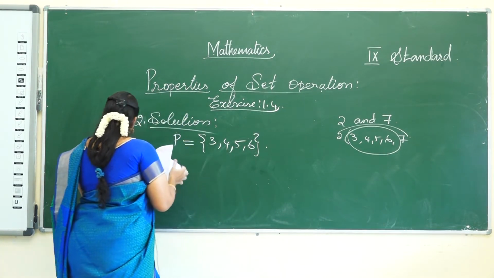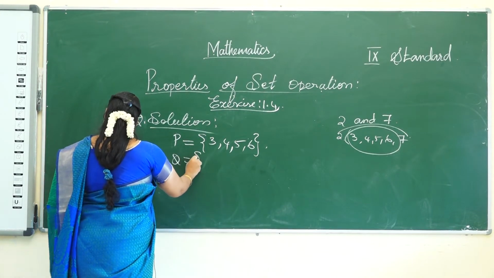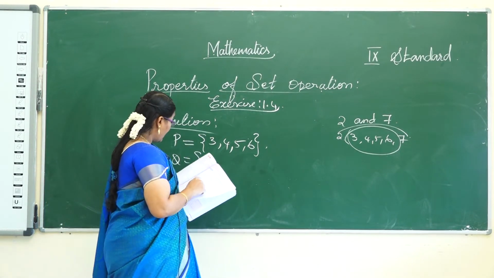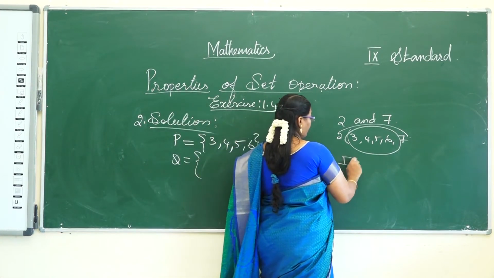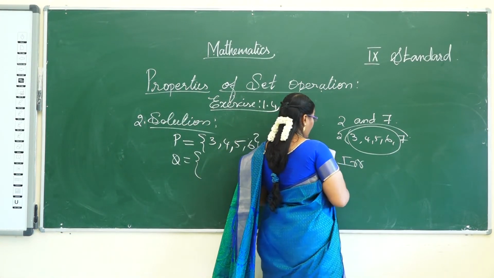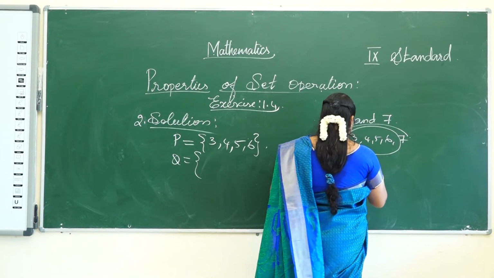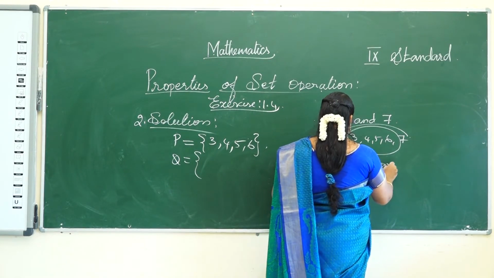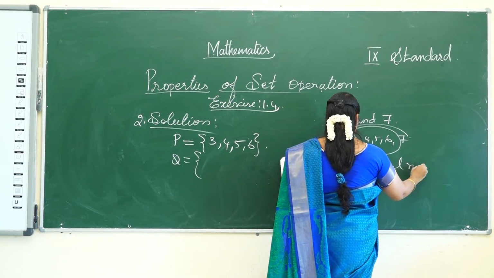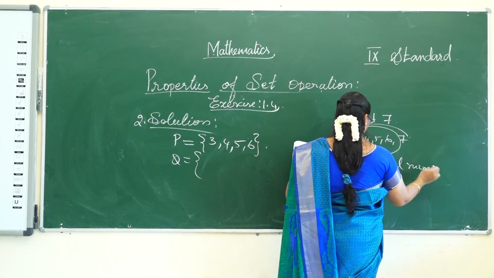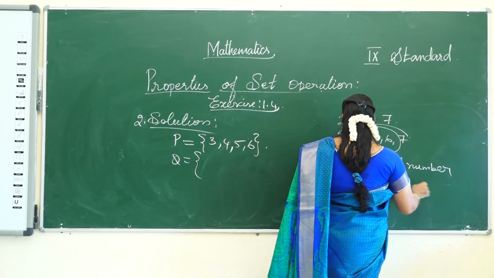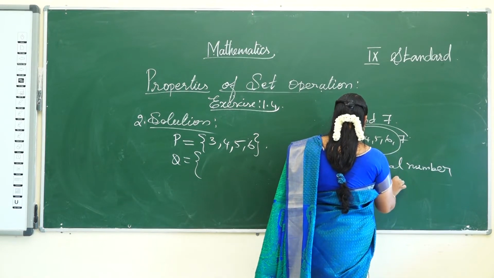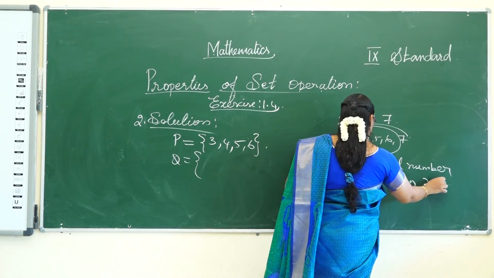Okay, and next one, Q: x such that x is an irrational number between 2 and 7.